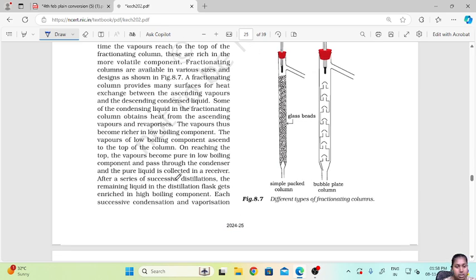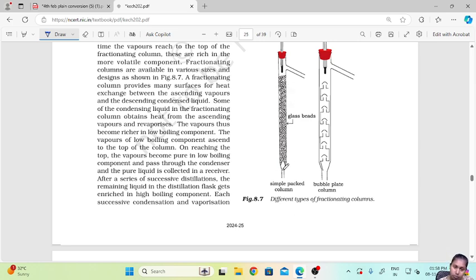Now, after a series of successive distillations, the remaining liquid in the distillation flask gets enriched in high boiling compound. This will keep going on. The one with higher boiling point will go on top, condense in between these beads, and start coming down.